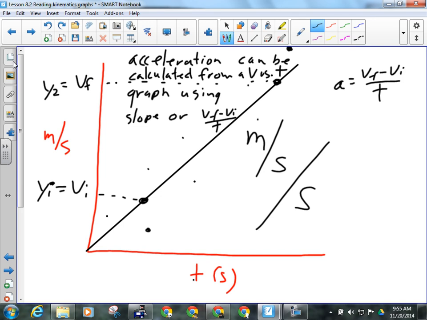So if a question said, using your graph, do this, then it would be a slope calculation. If it says, using the data, then you could just use the data and go vf minus vi over t. Everyone follow me on that one? Usually on a question, I'll boldface how I want the question done, because sometimes I need to test a certain way. Everyone with me there?